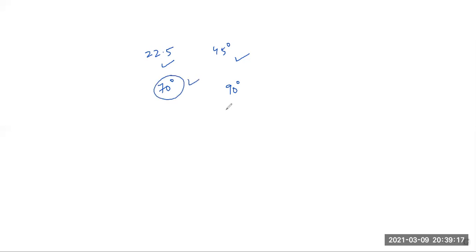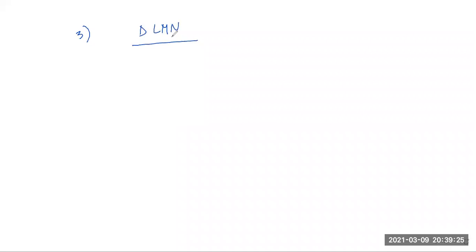Now the next question is really good. Third question, it says construction of triangle LMN is possible when LM is 8 centimeter and angle L is 45 degree. I'll repeat the question.